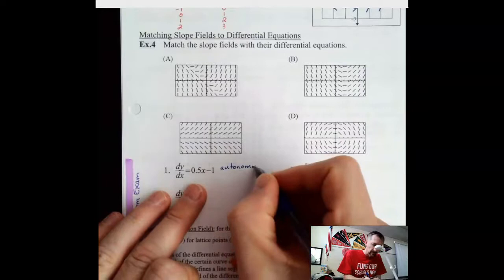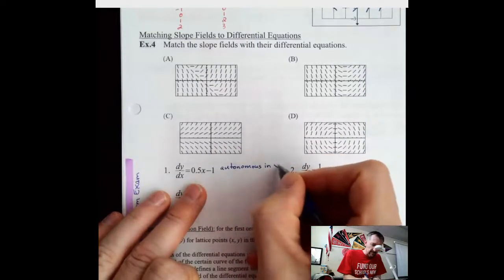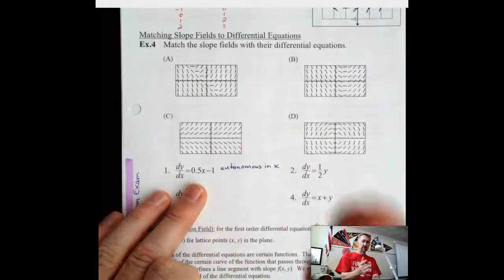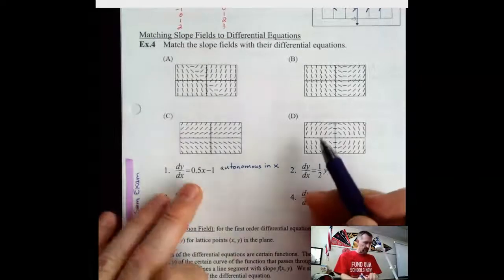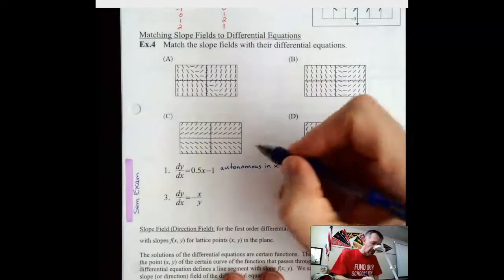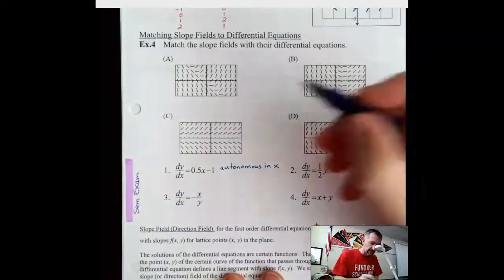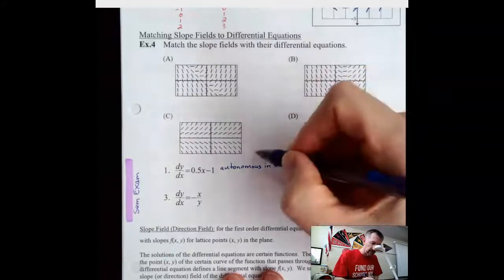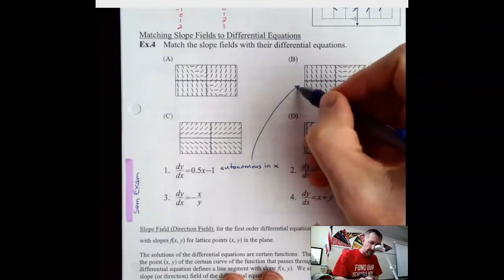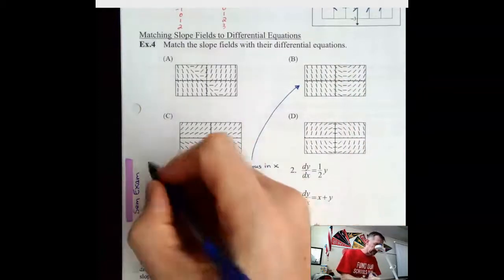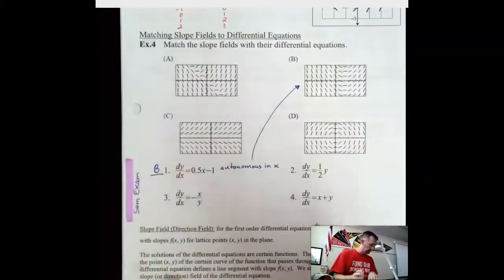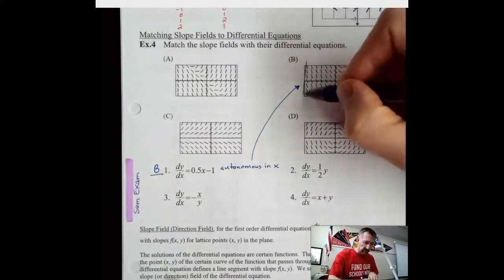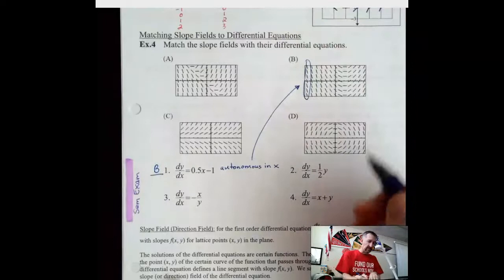Autonomous in x. So we were just talking about that. So these vertical slopes should all be the same. So as we look across here pretty quickly, that's going to have to be b. So let's do that. Because vertically, they have the same slopes.